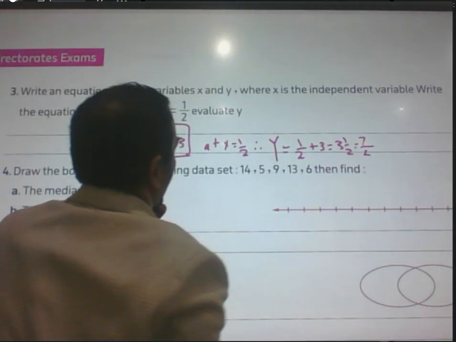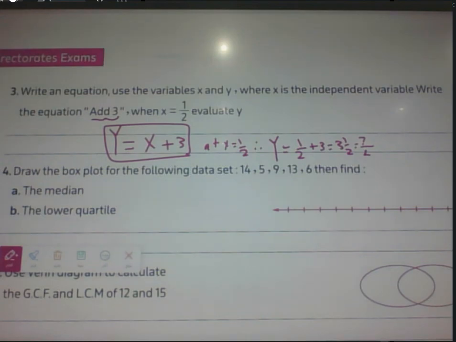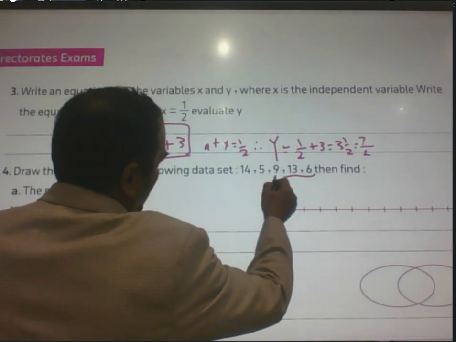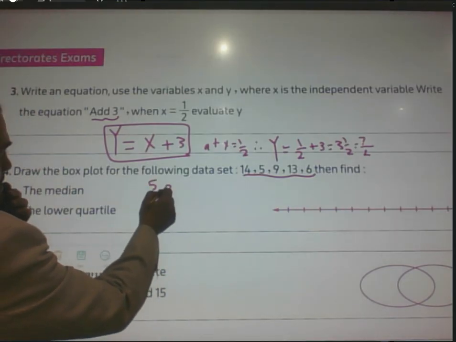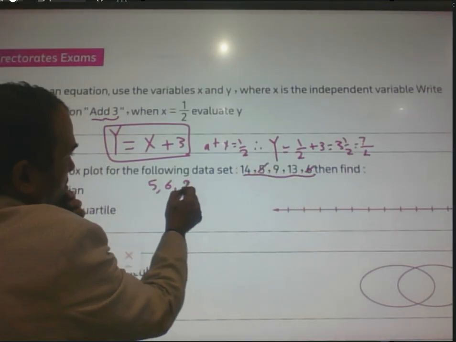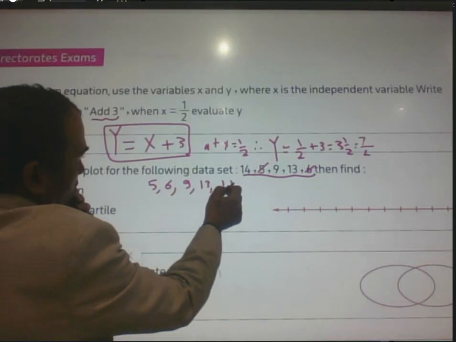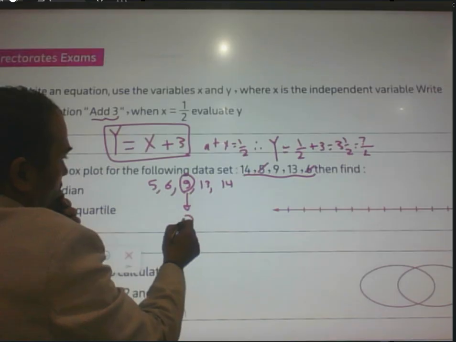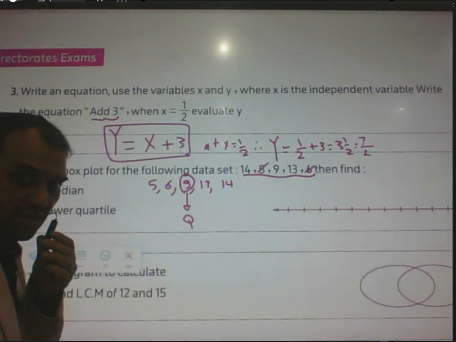Okay. Next question. Draw the box plot here. What is the data? First, I will arrange all the data: 5, 6, then 9, 13, and 14. Look here, 9 lies in the middle. Then 9, we call it the median, sorry.